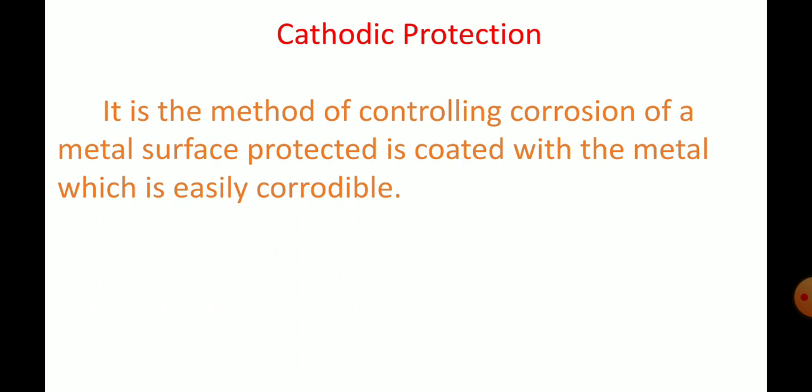Can you understand? A metal is taken and on its surface another metal which can easily undergo corrosion is coated, so that when this coated metal is exposed to corrosion, the easily corrodable metal gets corroded, whereas the precious metal is protected. Okay, so with this the methods of preventing corrosion is over.